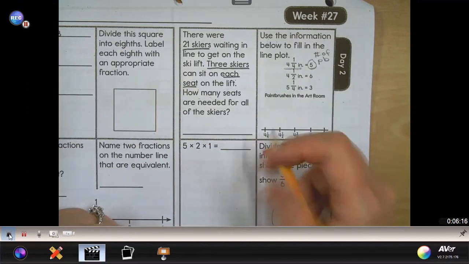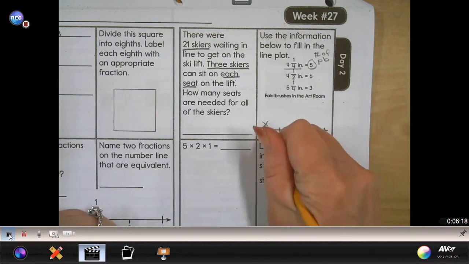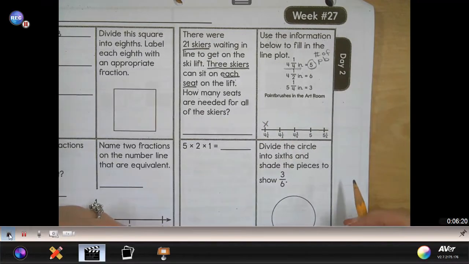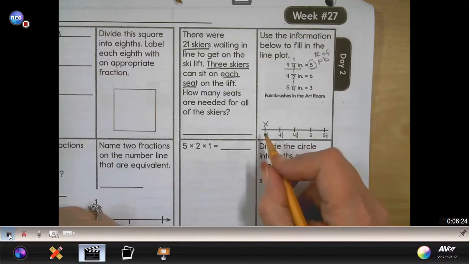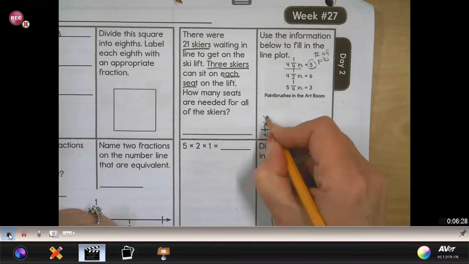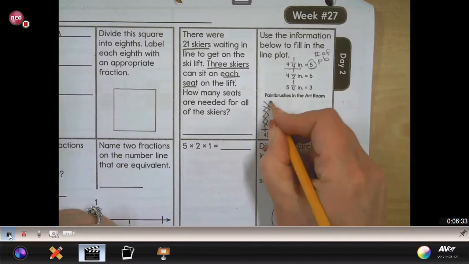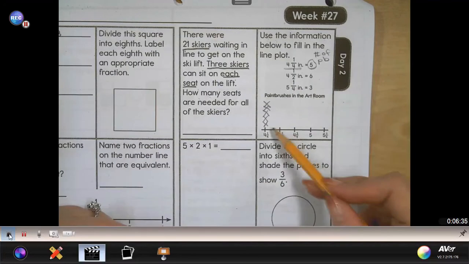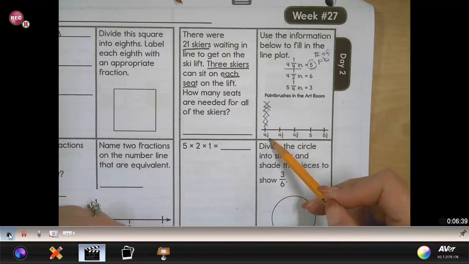So we're going to draw, and you can use dots or X's, but you want to make them the same size. So for 4 1/4, there's 2, 3, 4, 5. There are the 5 paintbrushes, and these are 4 1/4 long.